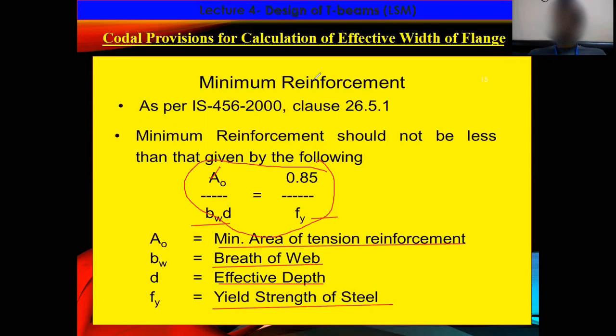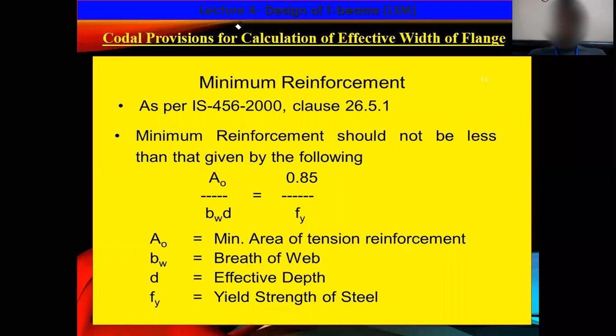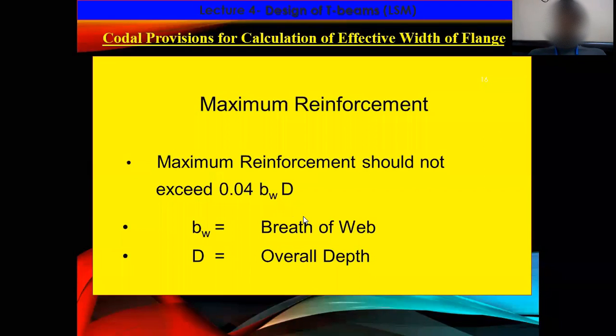Similarly, you need to check for the maximum reinforcement in T beams. The maximum reinforcement in T beams is 0.04 into bw into D, where bw is the width of the web and D is the overall depth of the beam.